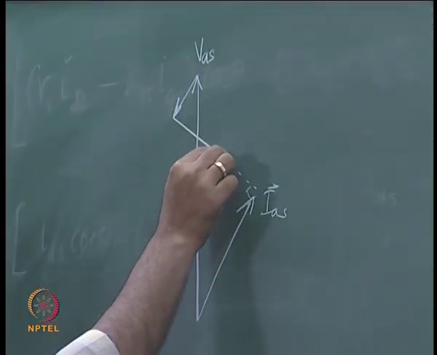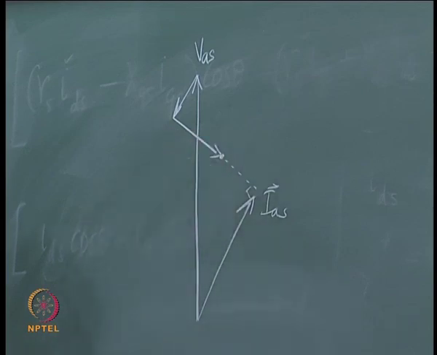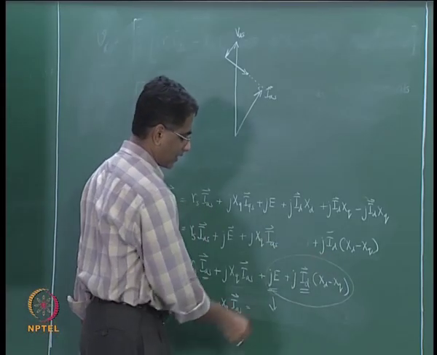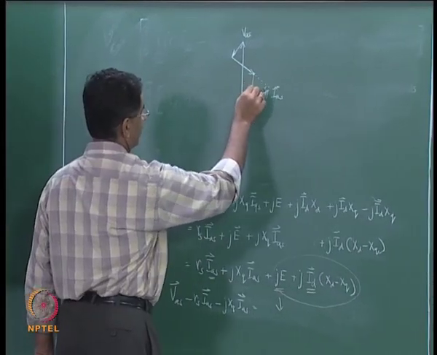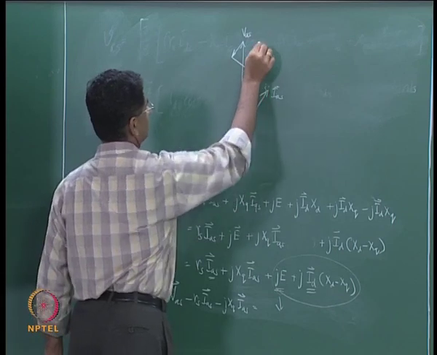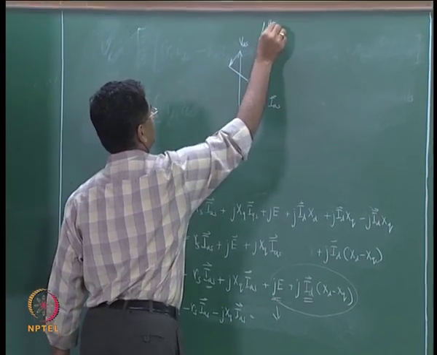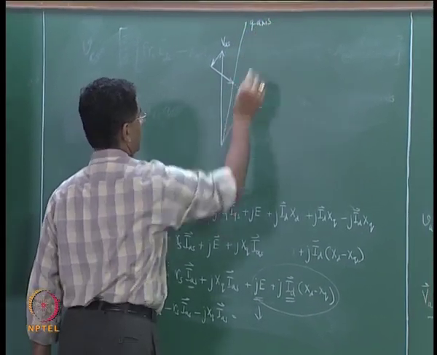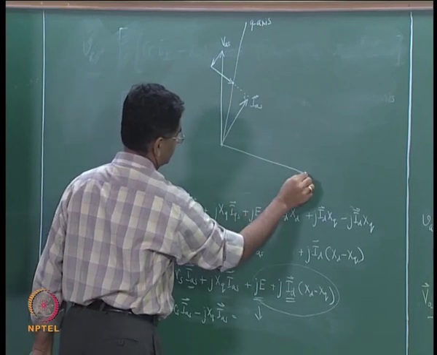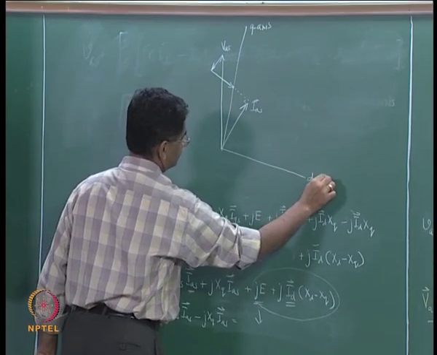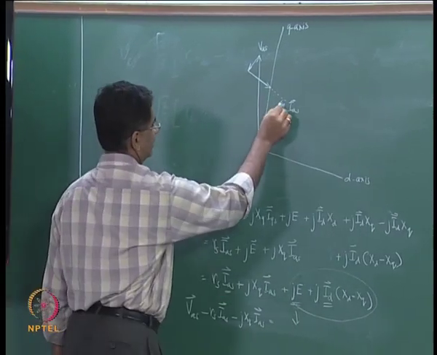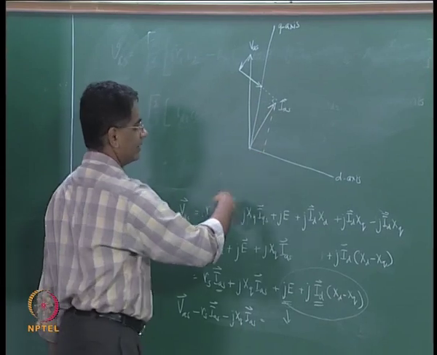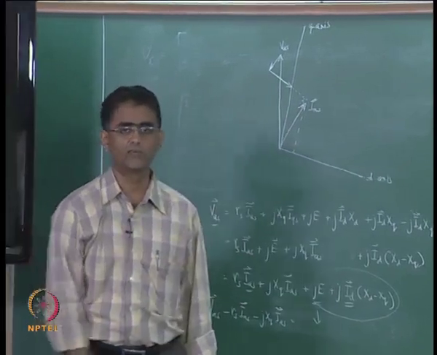Once we reach this point we know that it is equal to this term, and this term lies along the Q axis, and therefore this point must lie along the Q axis. So, this axis is the Q axis, and 90 degrees to this must be the D axis. Once you know the D and Q axes you can resolve this into ID and IQ and then construct the phasor diagram as we have done earlier.